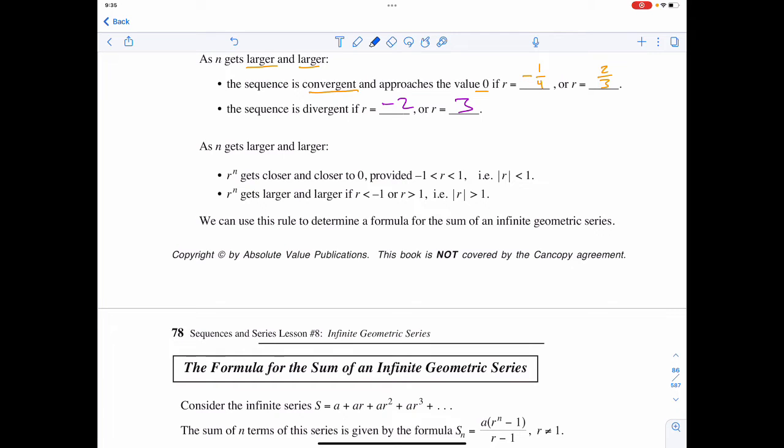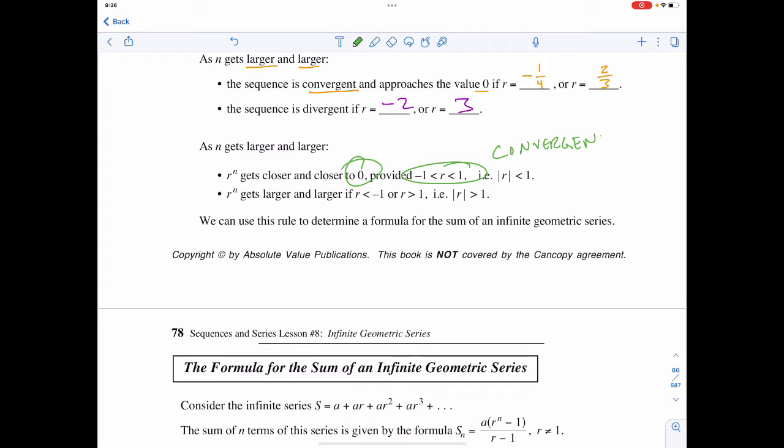So, what are the rules? As long as my r value isn't exactly 0, any number in between -1 and +1 should have an infinite sum. Now, technically, if I had 0, it would have an infinite sum, but it would just always be 0. But if it is a decimal or a fraction that exists between -1 and +1, then we're going to call that convergent.